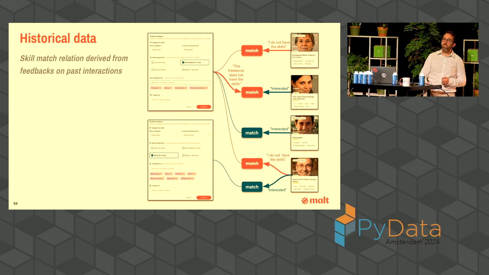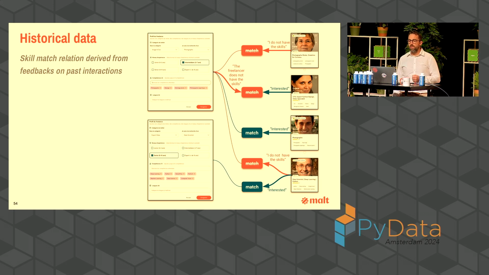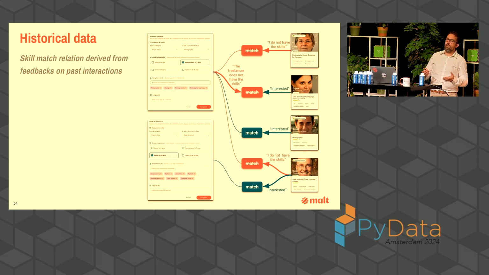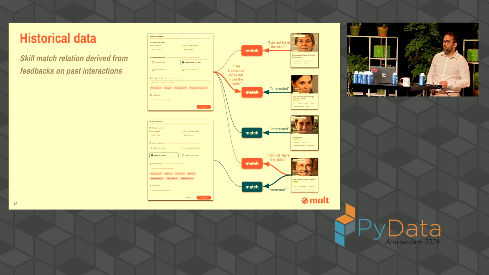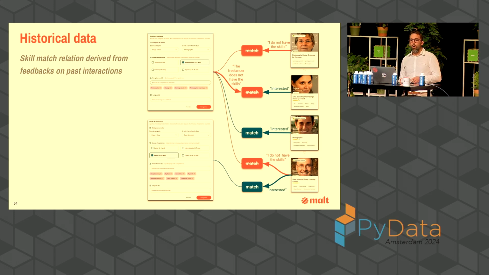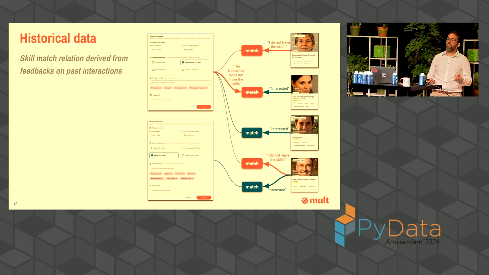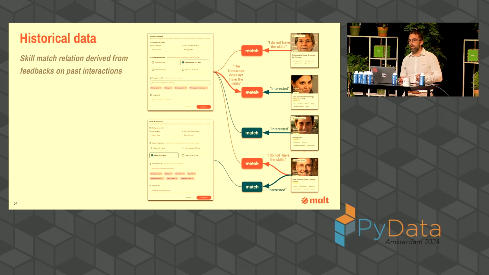So the good news is that we do have historical data at Malt from which we can derive this relationship. When a freelancer receives a project, they can say that they are interested in it, or they can refuse the project and decline by selecting a refusal reason. One of these refusal reasons is that they do not possess the skill.